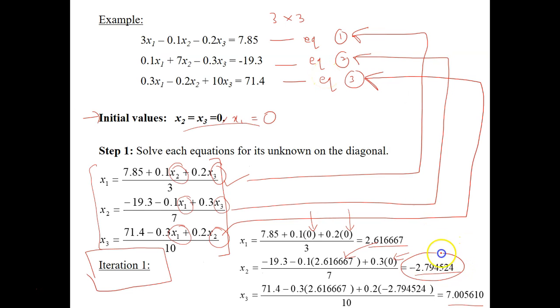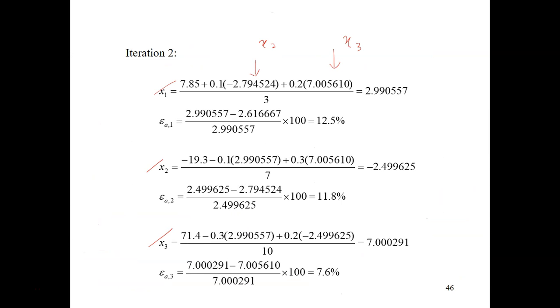Use whatever you have just calculated for the next calculation. Alright, just substitute those values inside and you will get a new value for x1. So now that you have your second answer for x1, you can calculate your EA for this iteration.